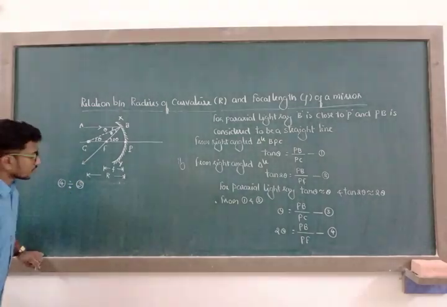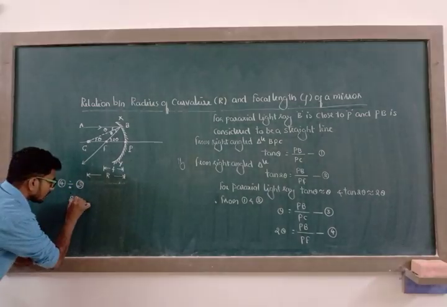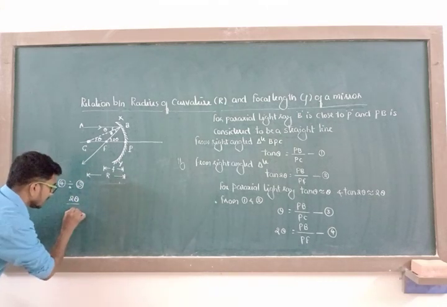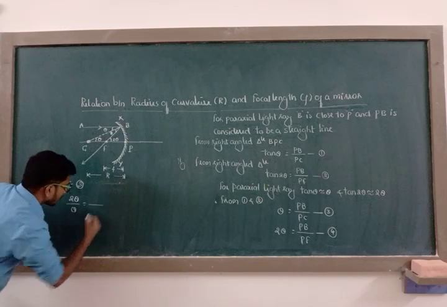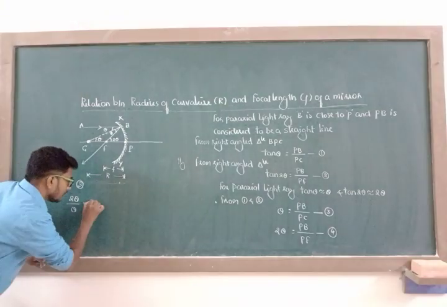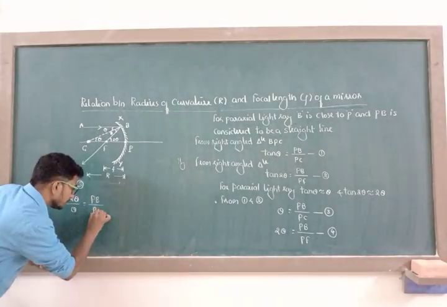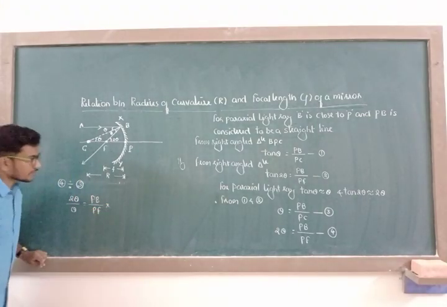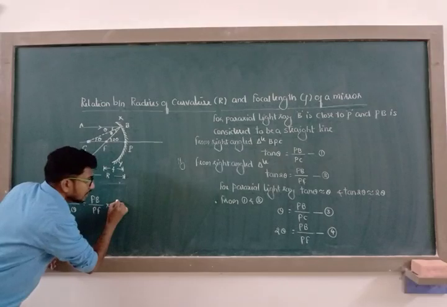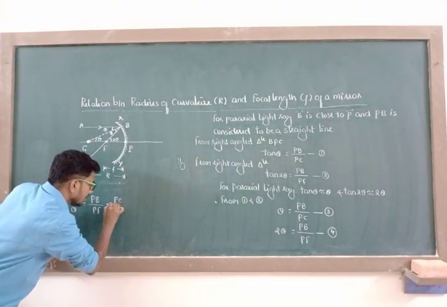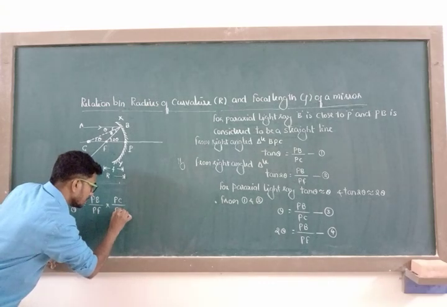Equation 4 by 3: from equation number 4, 2 theta divided by theta, LHS side, is equal to PB divided by PF into PC divided by PB.